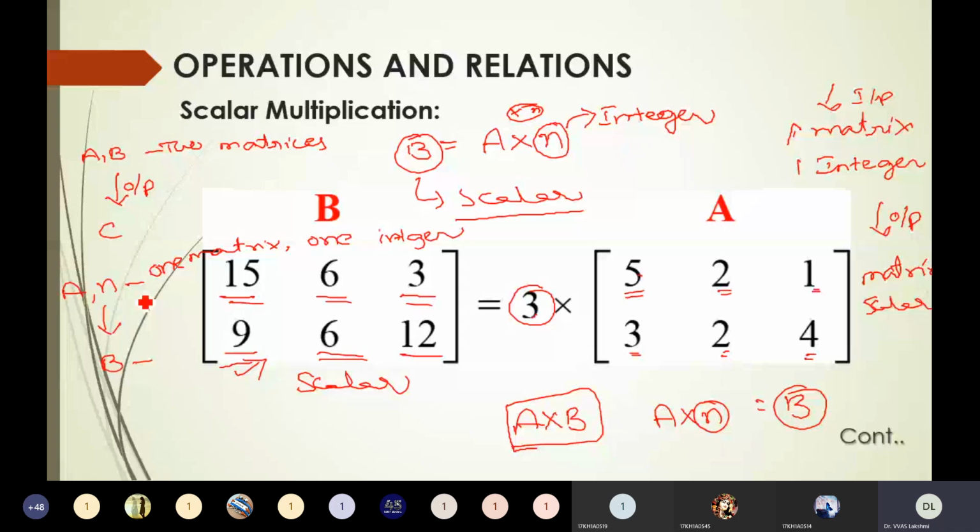This matrix is said to be the scalar matrix. In this case, B is the scalar matrix, and in the general multiplication case, C is the product matrix. So these are the operations performed on matrices. Okay, any doubts? No, ma'am.